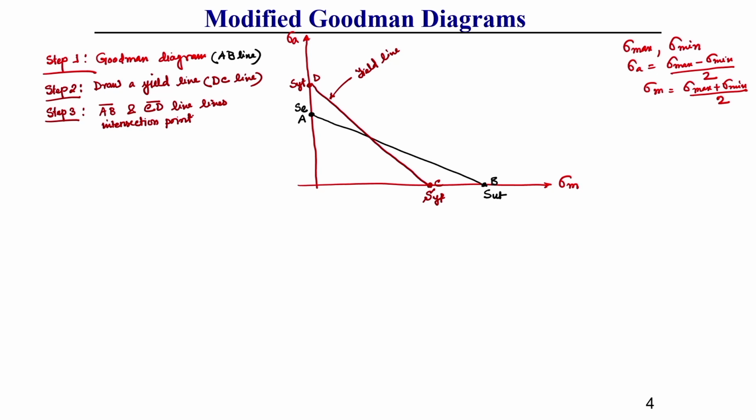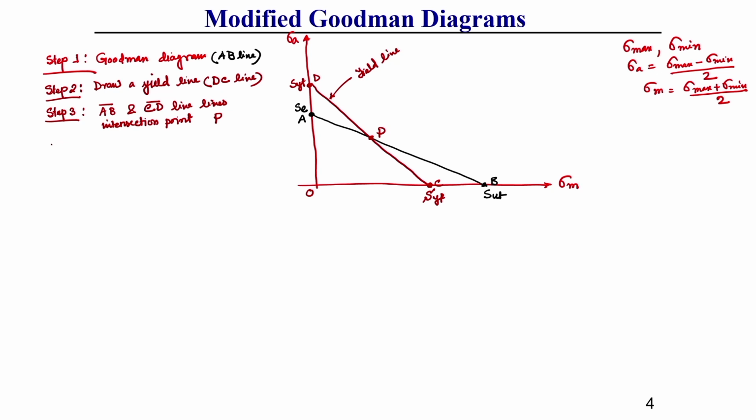We need to find it out. Let us consider this AB and CD's intersection point is P. Here one thing we need to know: you see A, P, C, and let us consider the origin of this axis system is O.